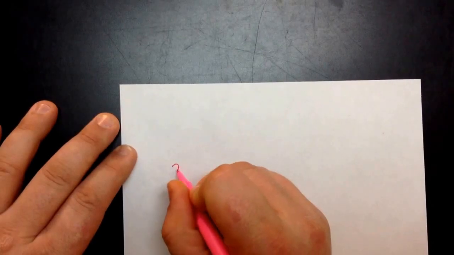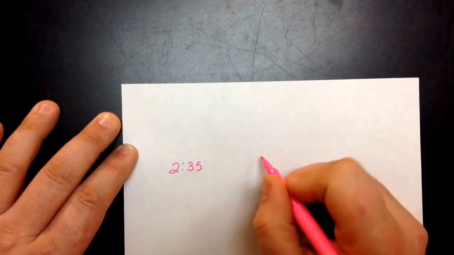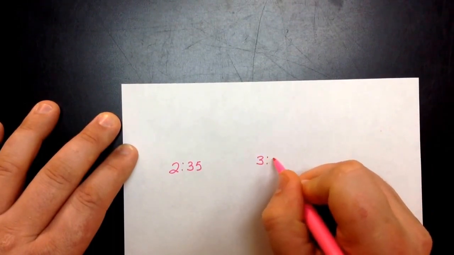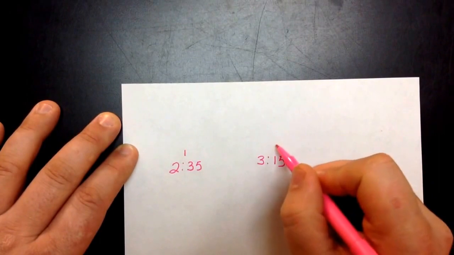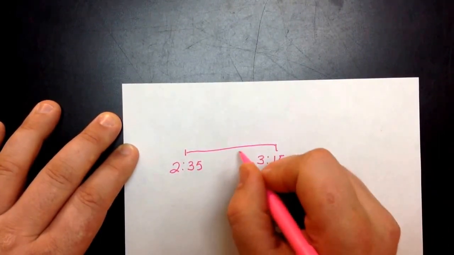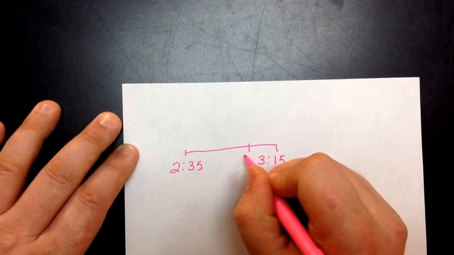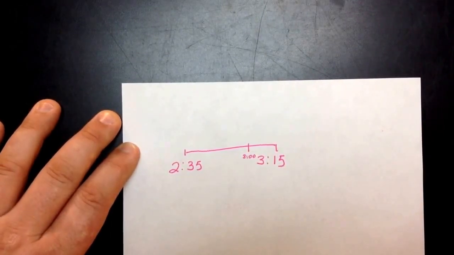So our starting time was 2:35, and our ending time was 3:15. What I like to do is make a bit of a number line. And I like to look at this and say, okay, what is it to 3 o'clock? I write it a little smaller than my starting and ending time.